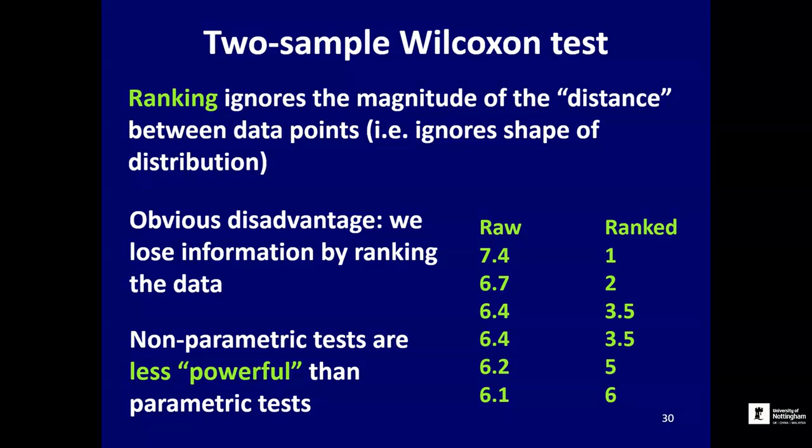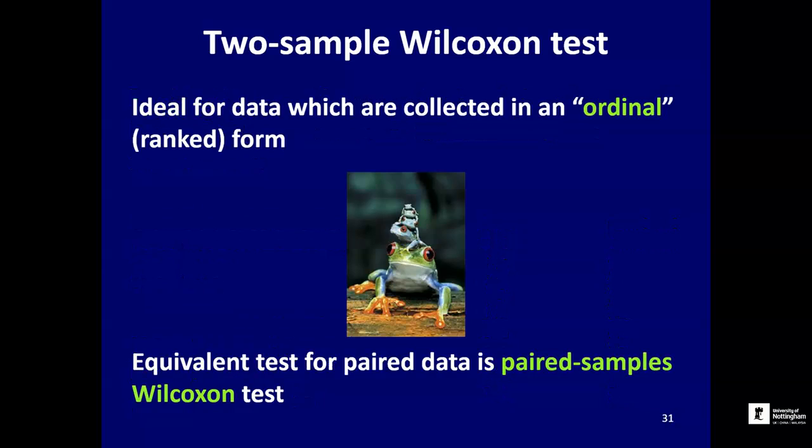And so this is one reason why we wouldn't just immediately default to using non-parametric tests without bothering to check whether the data are normal, because all things being equal, we would prefer to use a parametric test because it's more powerful. So Wilcoxon tests are obviously suitable when you can't transform the data away from a distribution that doesn't look normal, but they're also useful for data sets which are unlikely to be normally distributed in the first place.